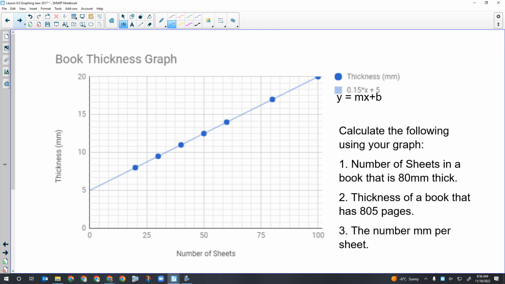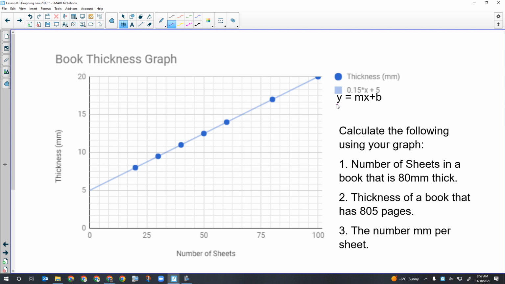So yours looks probably just like that. And what we want to do is calculate a few things using the equation that the line gave us. So here's how this equation works. Y stands for any y value of a point on the line. M is the slope of the line.